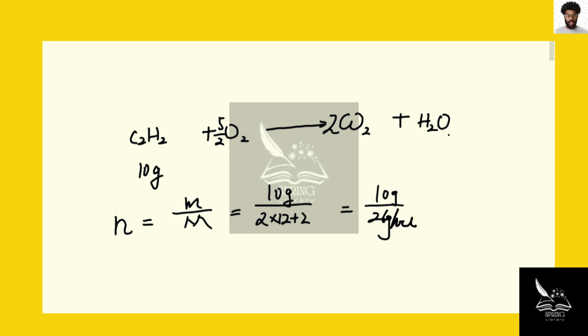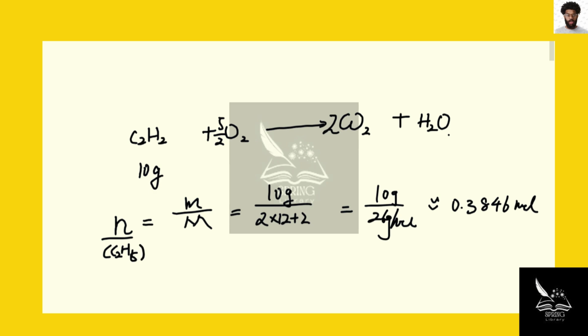So now we can calculate it, which is around 0.3846 moles. So this is the moles of the C2H2.